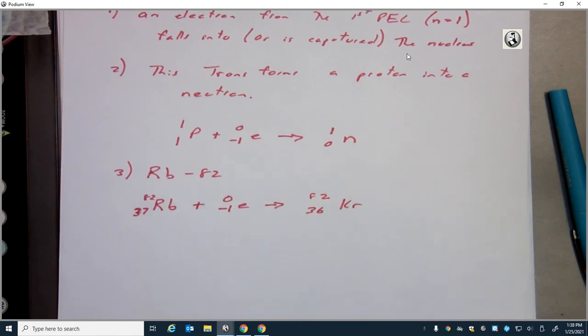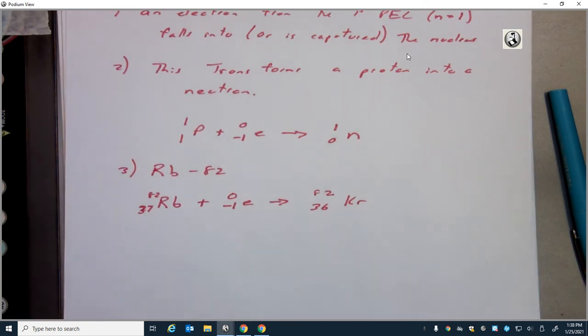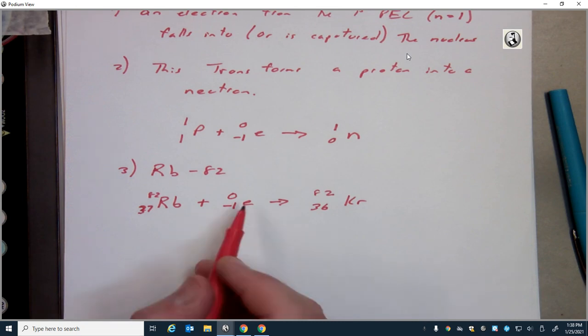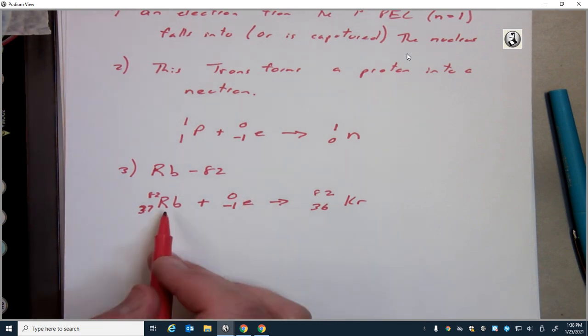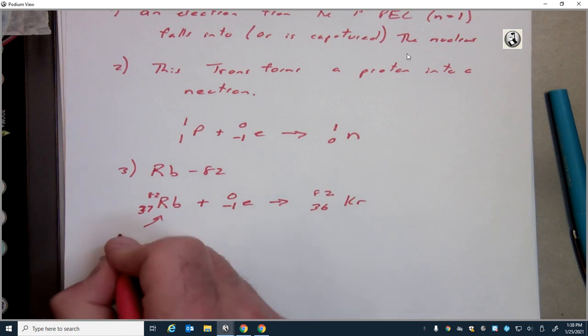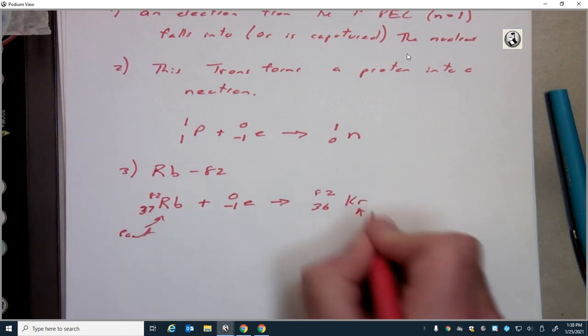And that's done. This is a little bit different than the other ones we were dealing with, because the other ones were giving off radiation. This is different in that it's absorbing this electron from the inner principal energy level, and it's converting it from one element into another. This is still considered my parent, and this is my daughter.